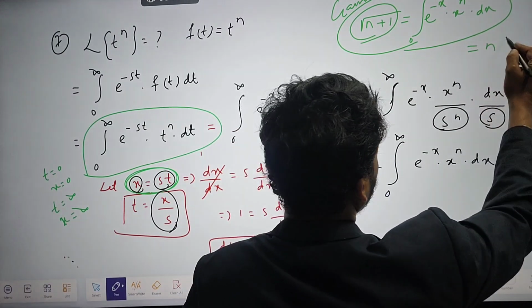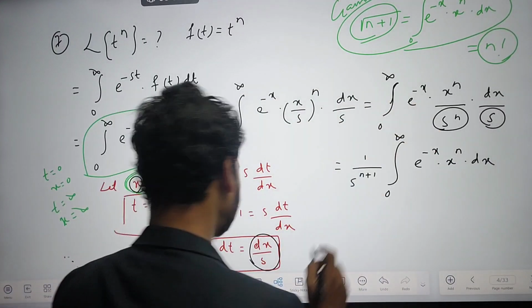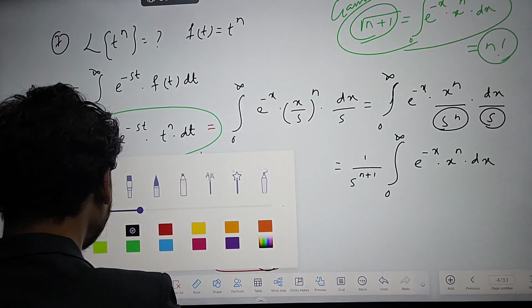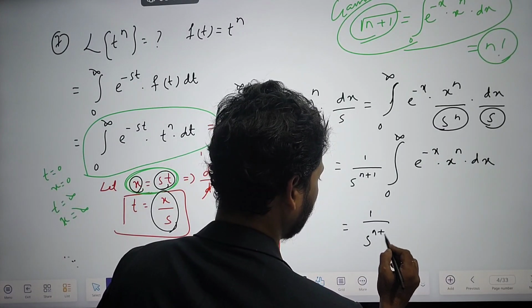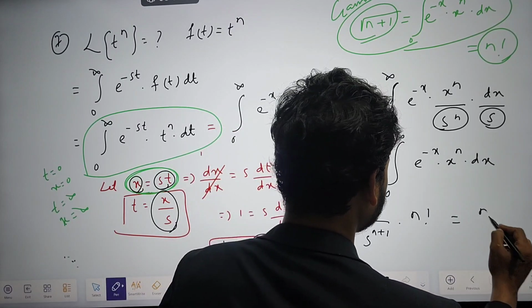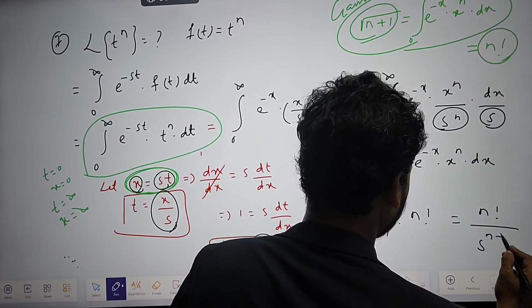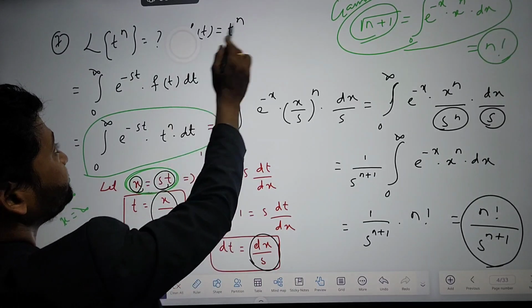Sometimes we can say it is n factorial. Nothing wrong, ये n factorial भी हो सकता है. Then I can write here 1 by s to the power n plus 1 into n factorial. So final answer is n factorial by s to the power n plus 1. ये हो गया आपका फाइनल आंसर.